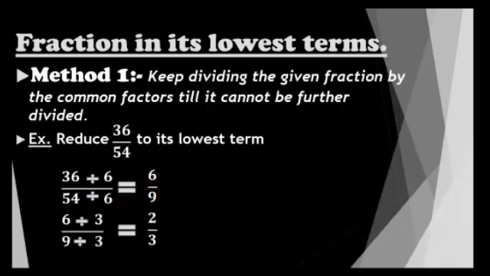Now we can divide this further. 3 is the common factor of 6 and 9. So 6 divided by 3 and 9 divided by 3, and the answer is 2 by 3. Now dear students, we cannot divide 2 by 3 further. So 2 by 3 is the lowest term of 36 by 54.